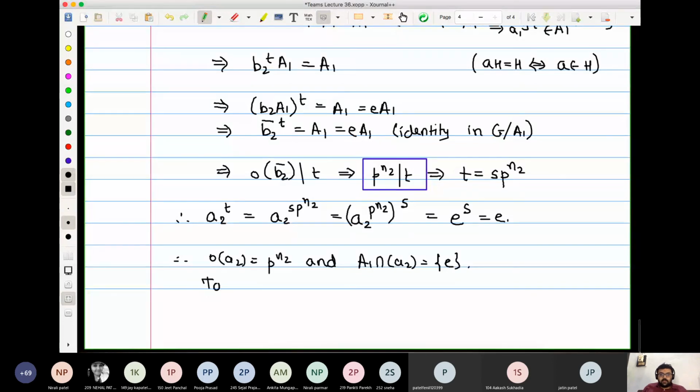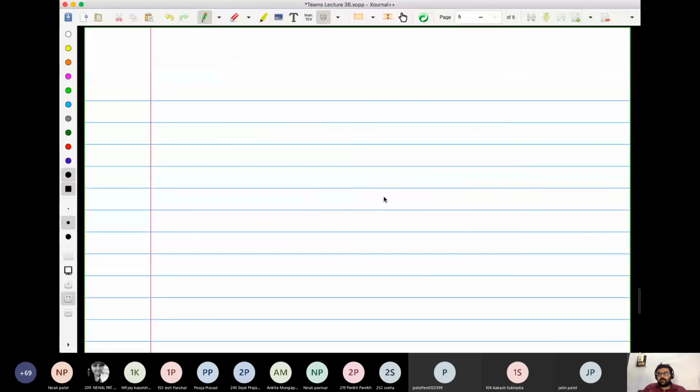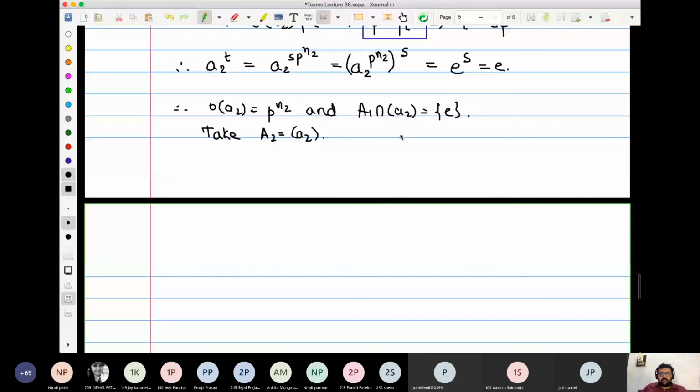So take capital A2 equals the cyclic group generated by A2. Okay, so we have A1, then A2. A1 intersection A2 is identity.